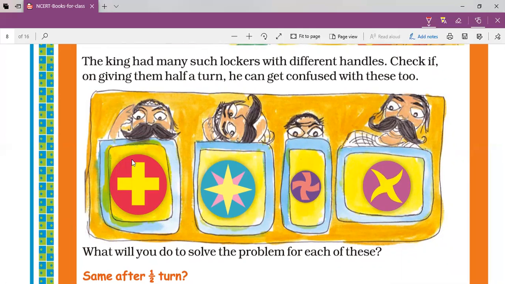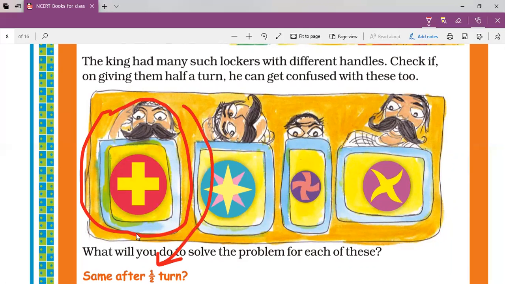So let's see the first one. If we take this whole locker with the head of that king, when we turn this locker, when we give it a half turn, the head of this king will come here. Yes, it will come here. That means it is a half turn.